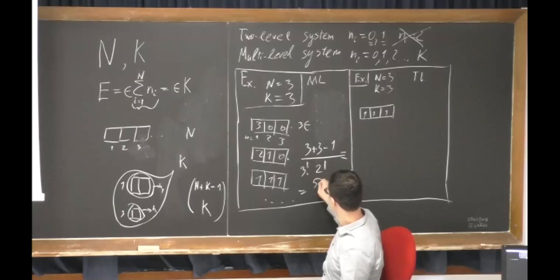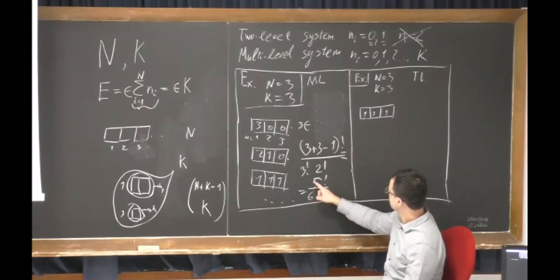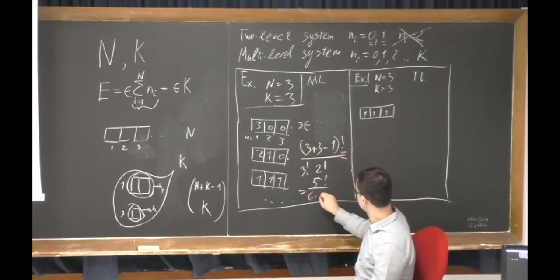Sorry, that must be factorial. So it's 5 factorial over 6 times 2.